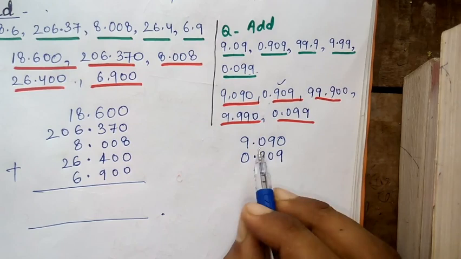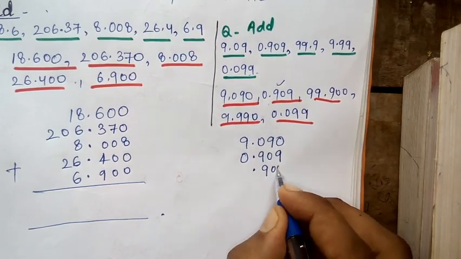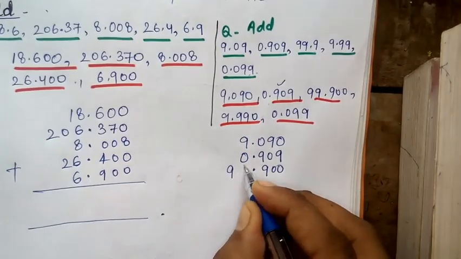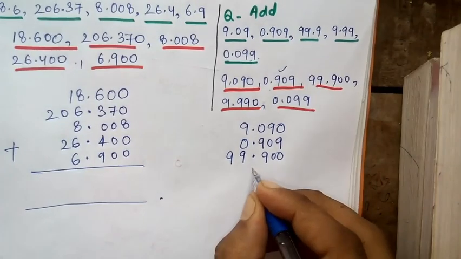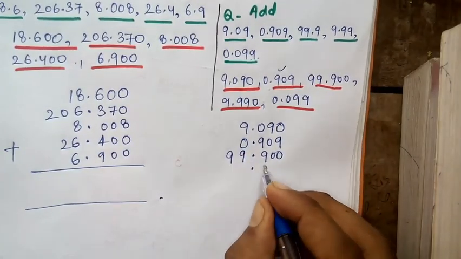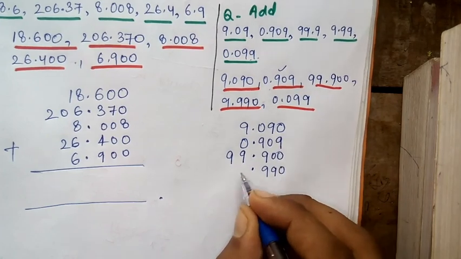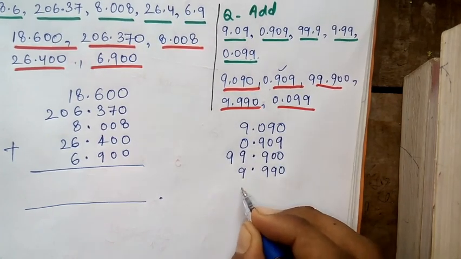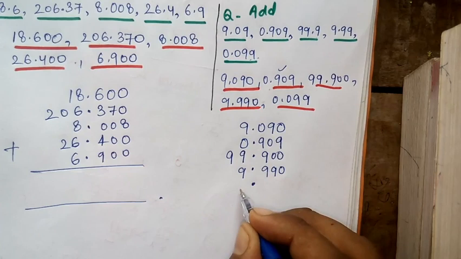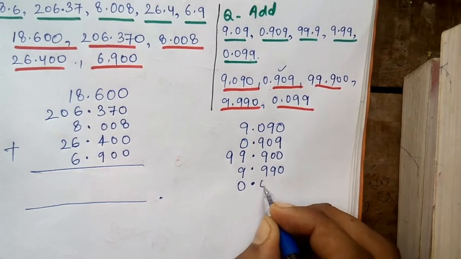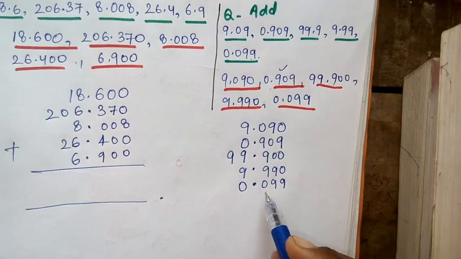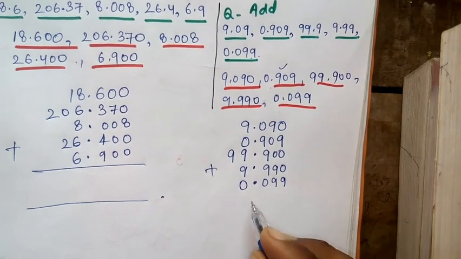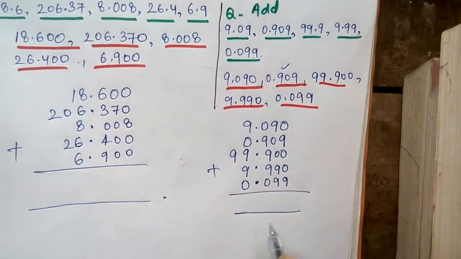Again decimal point 900, here 999, decimal point we will write 990 and here 9. Again decimal point 0.099. So we have arranged all the addends in the column form. Now we will perform the addition.